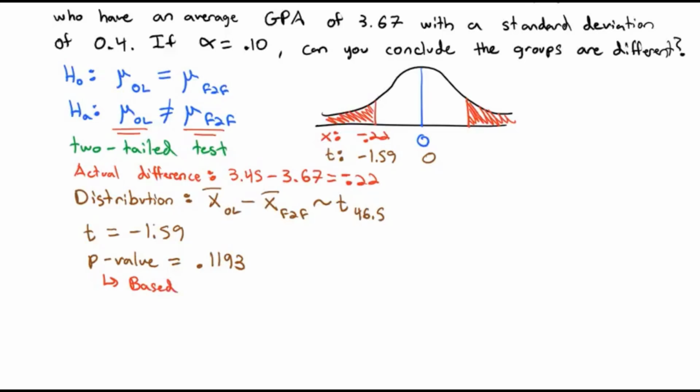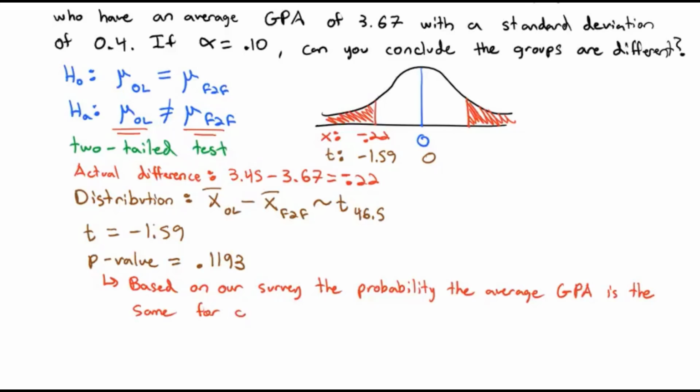So based on our survey, the probability the average GPA is the same for online and face-to-face students is 11.93%.